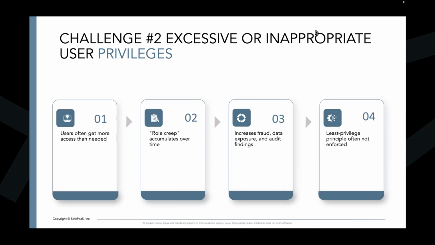Then the second item you see on that tile, number 2, is the concept of role creep. Not only does it happen when you provision users, which creates your risk number 1, but it continues. The joiners, movers, leavers process is notorious for creating role creep, even in the most sophisticated, well-managed organizations that don't have the right level of tools and insight and automated controls, as Verinder said earlier, continuous automation, continuous monitoring.